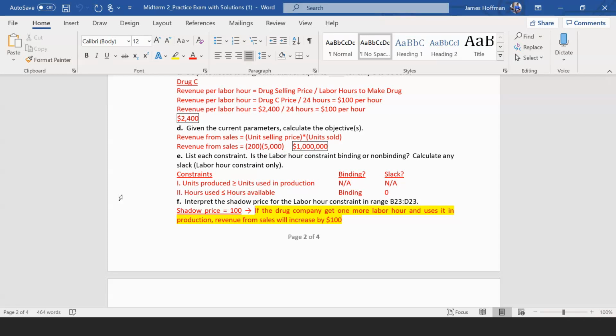If the drug company gets one more labor hour and uses it in production, then the shadow price is the effect on the objective. So if that happens, then revenue from sales will increase by $100, which is exactly the shadow price.